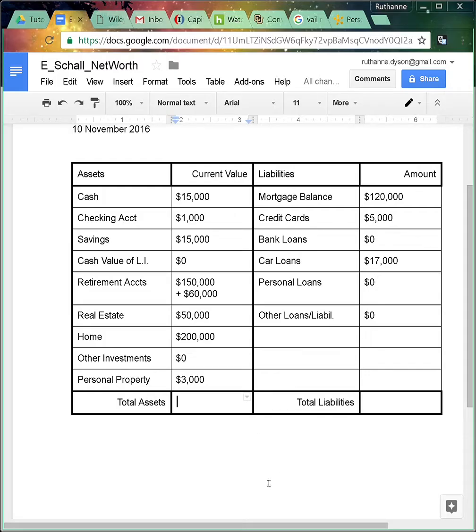Okay, so now our job is going to be to add up the total value of his assets. So let's see. I'm just going to do it in my head.